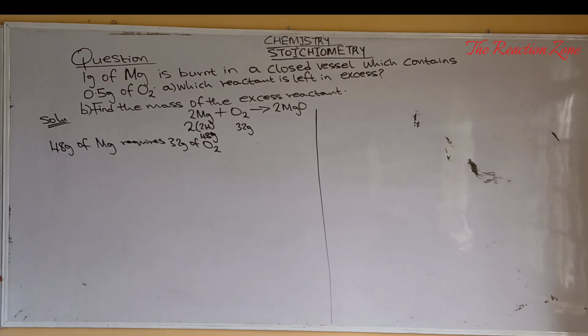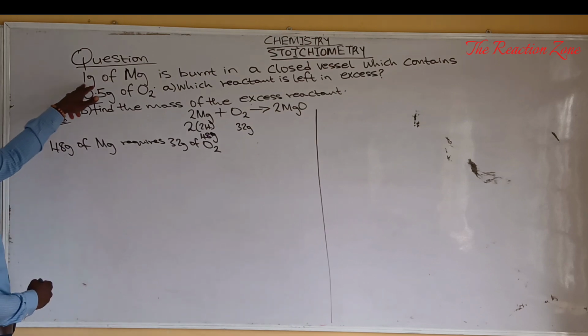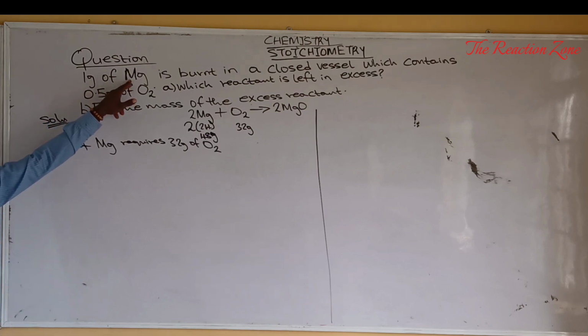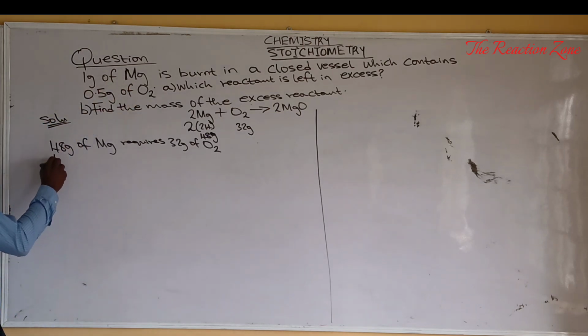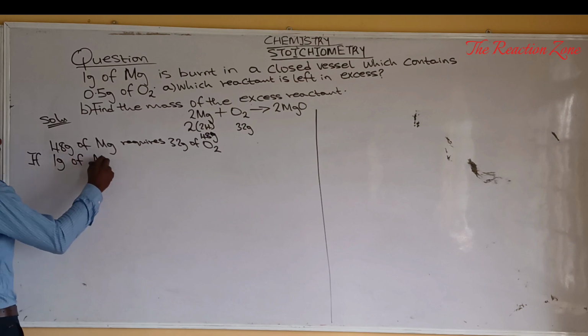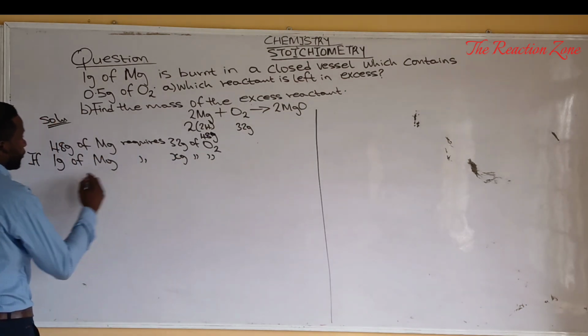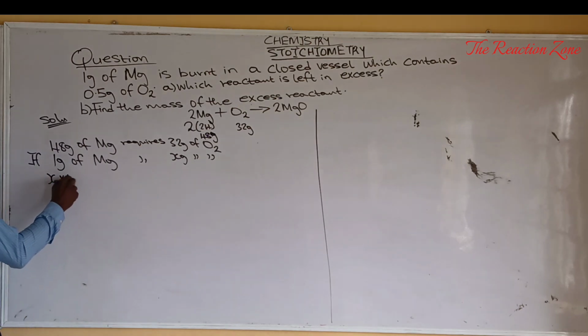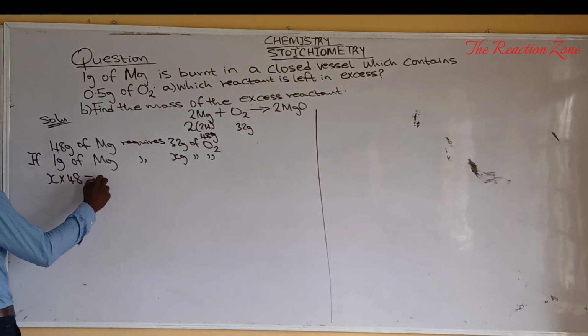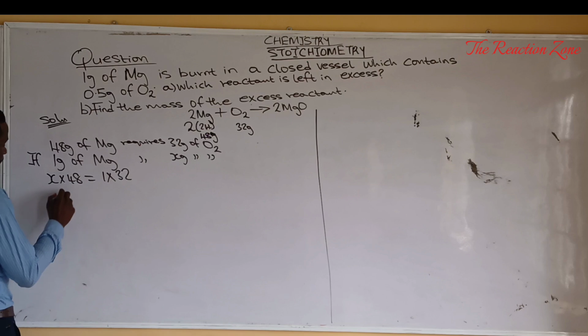So what we need to find now is the mass of oxygen that 1 gram of magnesium will require. If 1 gram of magnesium requires X gram of oxygen, cross multiply. X times 48 is going to be equal to 1 times 32.